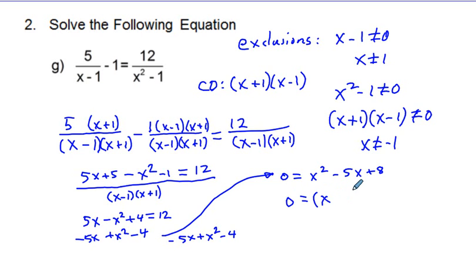Is this factorable? What are the two factors that add up to, we're going to have a minus, right? How about 2 and 4, 1 and 8? So we might have to go ahead and use the quadratic formula for that.